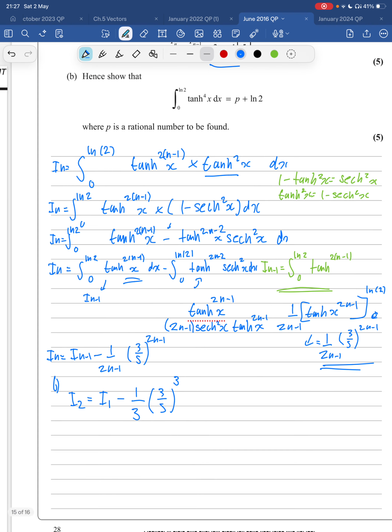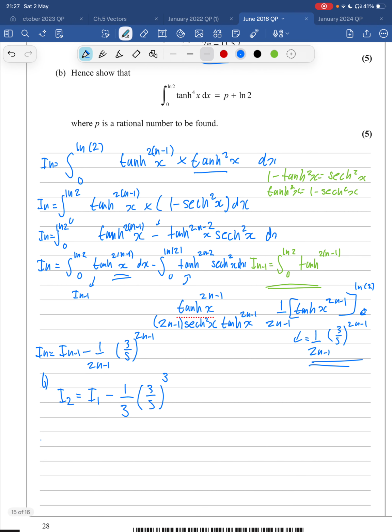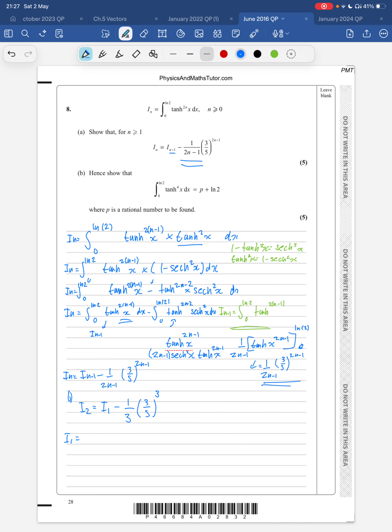Okay, so we've got one part. However, we need to solve for I_2. What would that give us? Always important to look at this: it works for when n is greater or equal to 2. So this is going to be the last time we can use this reduction formula for this specific one.